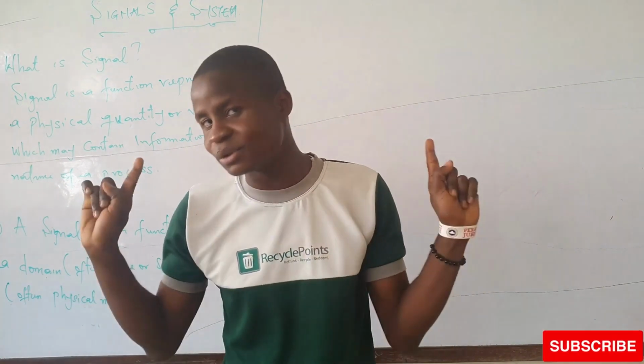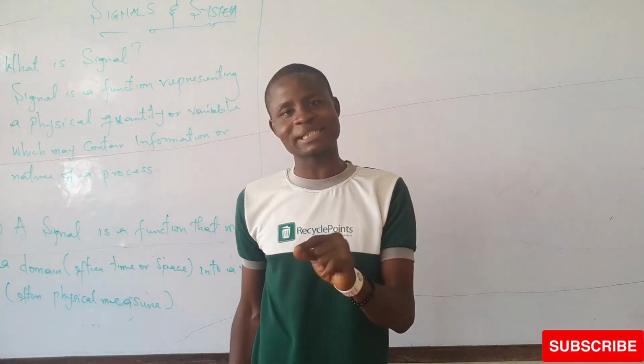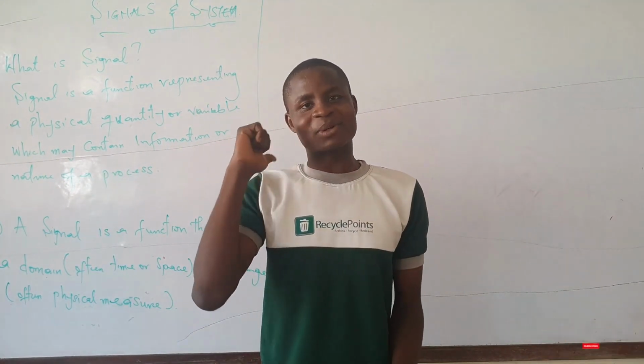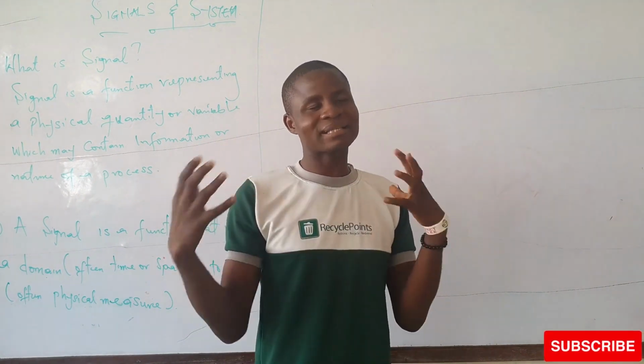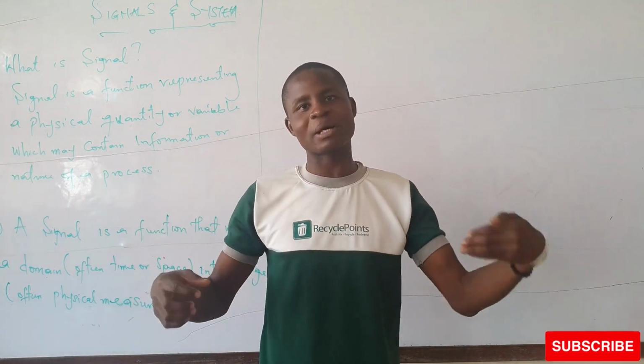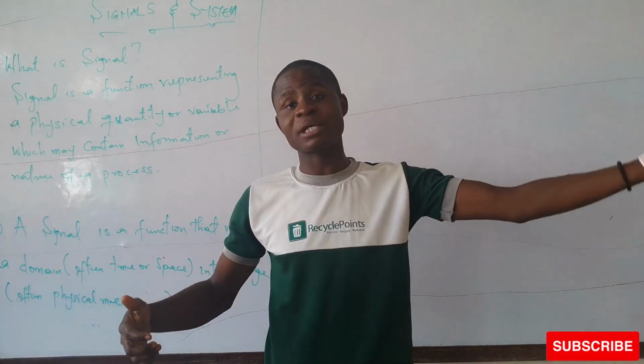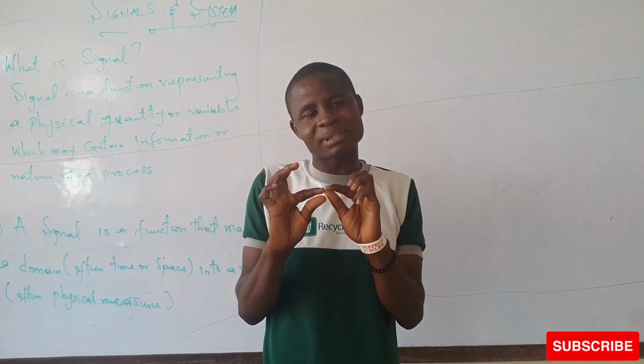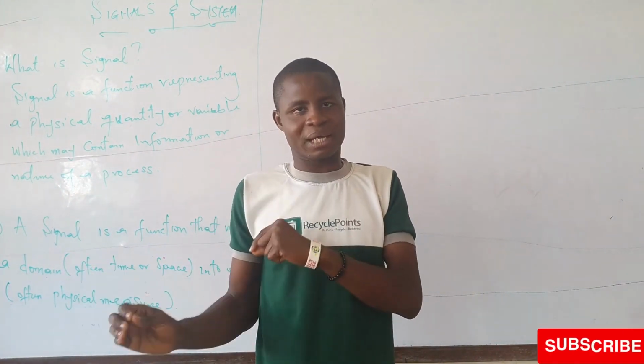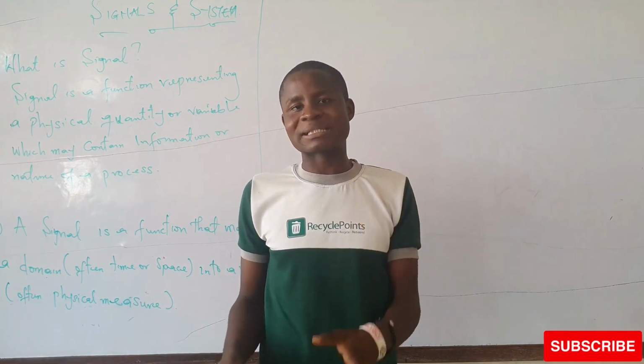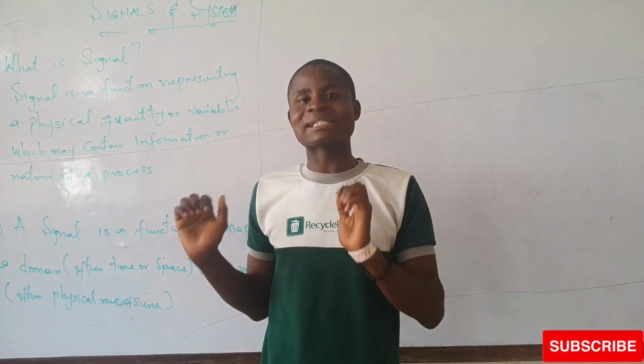So the main aim of doing this video is not for you to ditch your class for this video. It's just to at least bring a bridge between what you learned from your lecturers, professors, and at the same time explain further so that you will have a deeper understanding of everything in signals and systems.